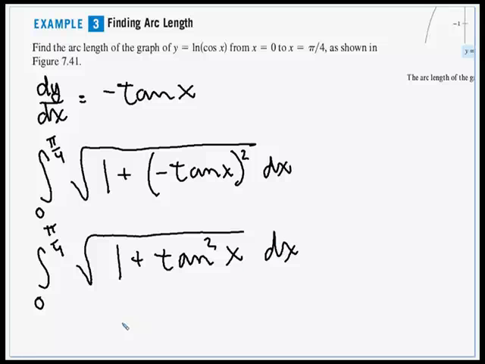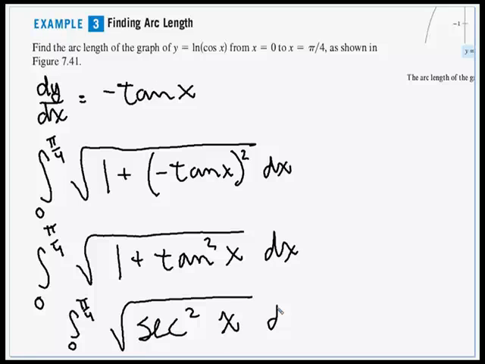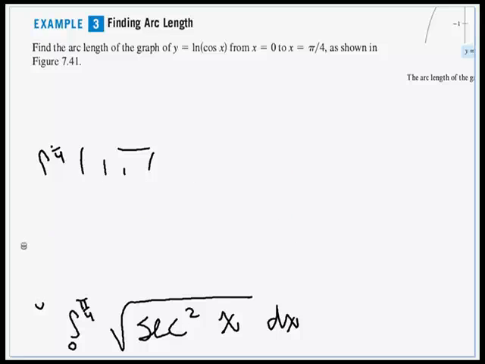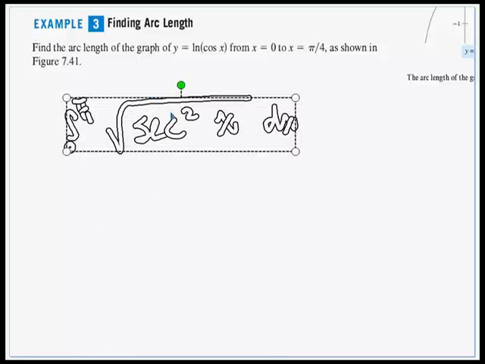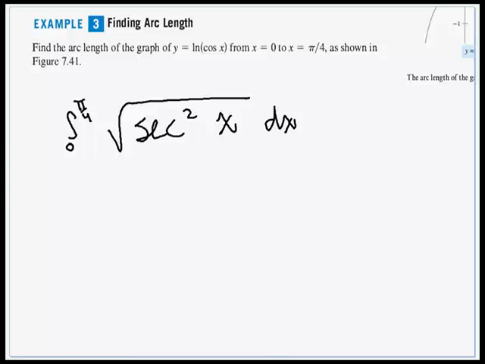Well, we have some trig identities. 1 plus tan squared is one of our Pythagorean identities. And the 1 plus tan squared is equal to secant squared of x. And look at that. We have a radical with a squared term under it. And that radical and the squared will cancel each other out. So our integral's getting pretty simple.